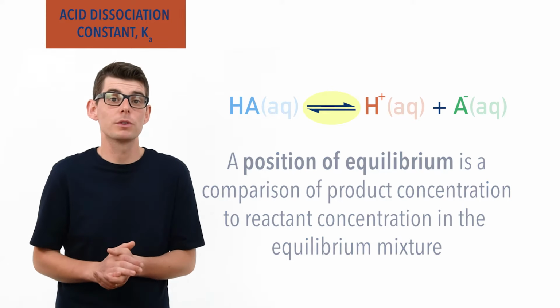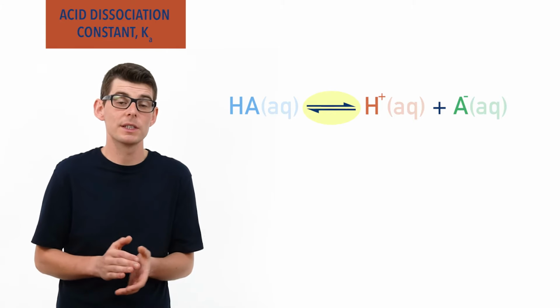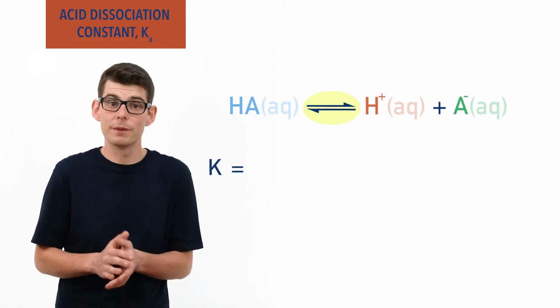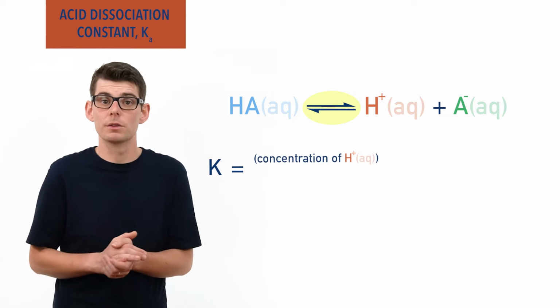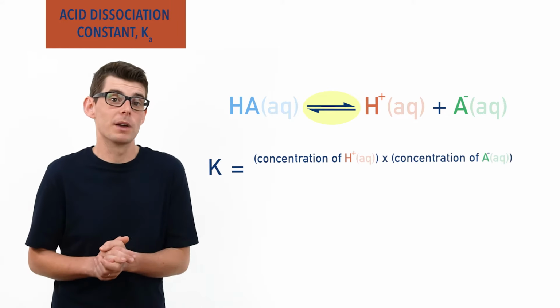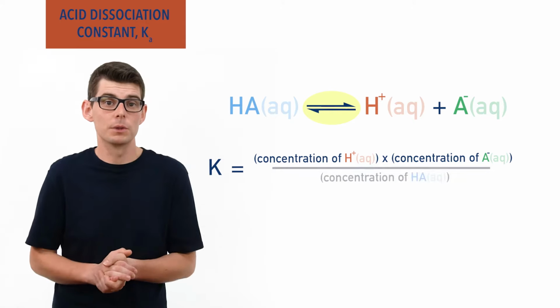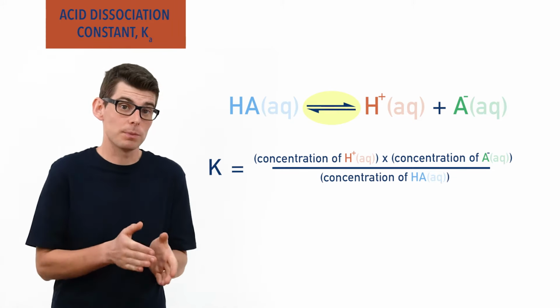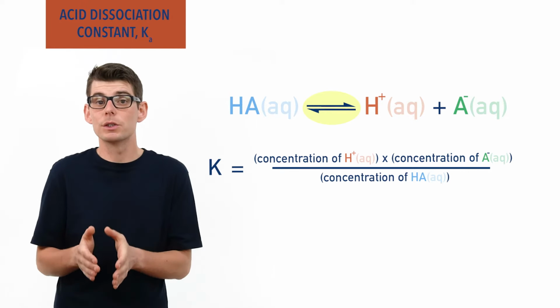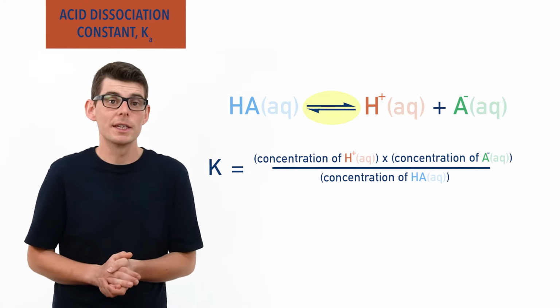The equilibrium constant for the dissociation of a weak acid can be found by multiplying the equilibrium concentration of hydrogen ions and conjugate base ions together and dividing them by the concentration of acid molecules. This is because the products of the forward reaction are H+ and A-, and the reactant of the forward reaction is HA.